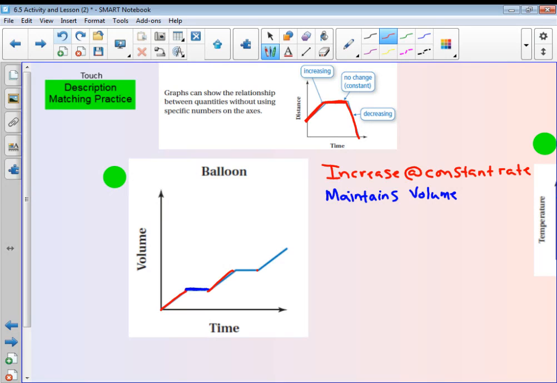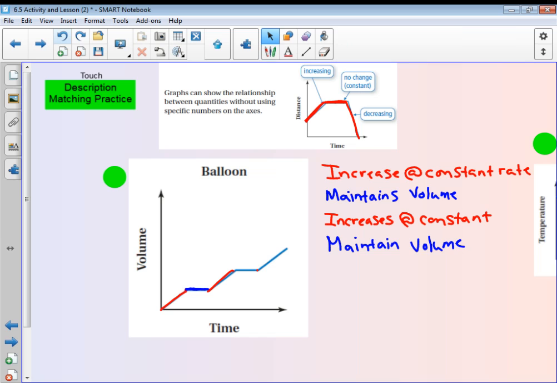So we're probably blowing up the balloon. And then maybe we're catching our breath and we're maintaining that volume again. And then once again, we're going to blow it up a little bit more, or we're going to increase at a constant rate.